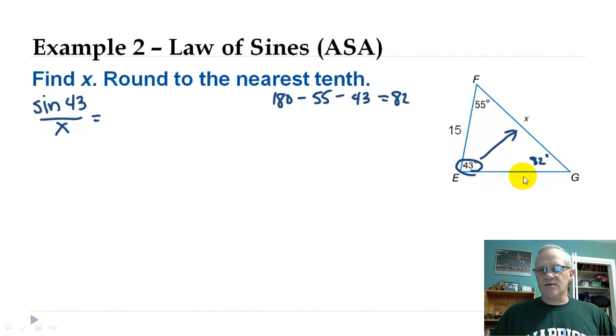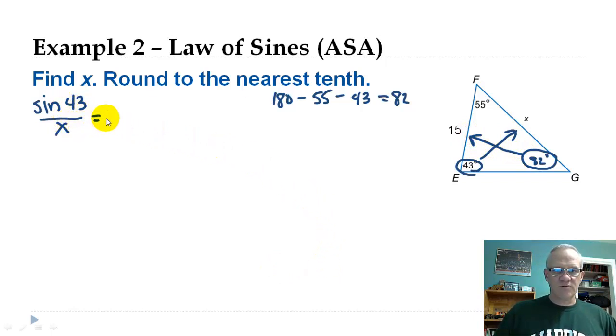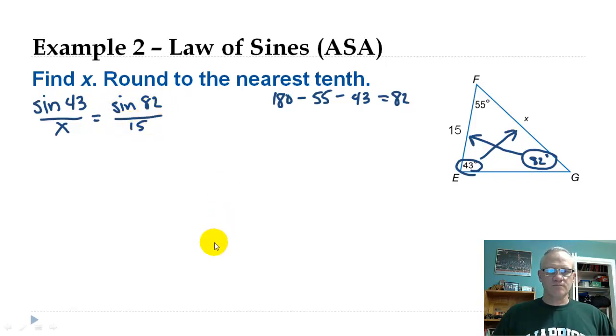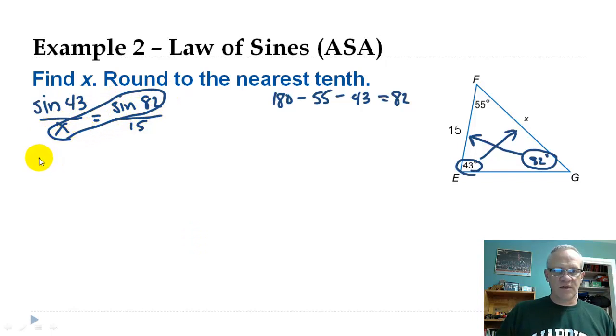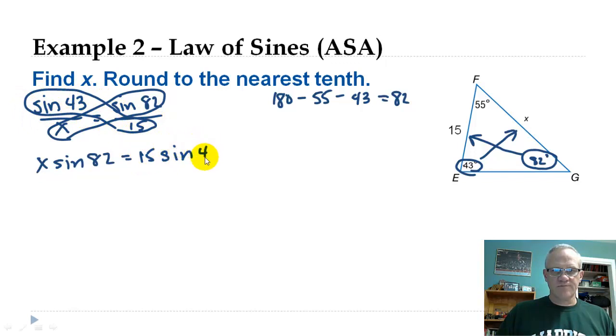Oh, now that I've got this angle here, this angle will match up with that side. So going back over here, sine of 82 over 15. It's a proportion, so let's do our cross multiplying. That's going to be x times the sine of 82 will equal 15 times the sine of 43.